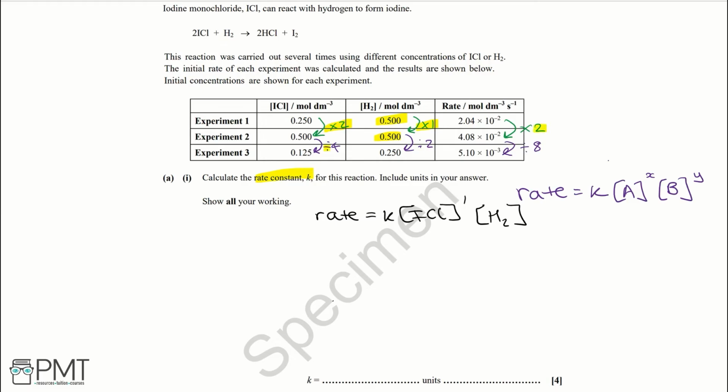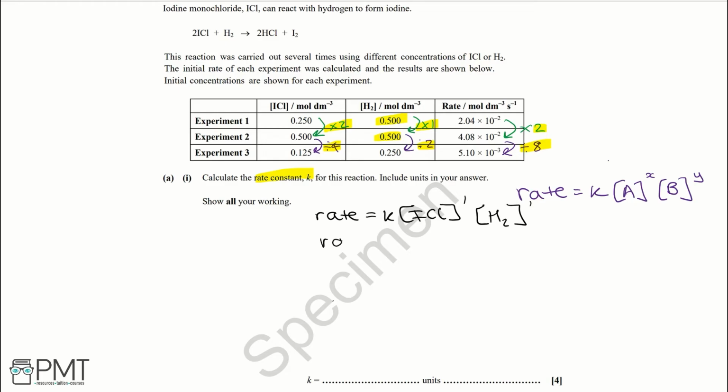Then we've got a divide by 4 and a divide by 2. 4 times 2 is 8, so we're dividing by 8, and that's if it's first order, which it is, because this matches 4 times 2 equals 8. And that means our order with respect to H2 is first order.